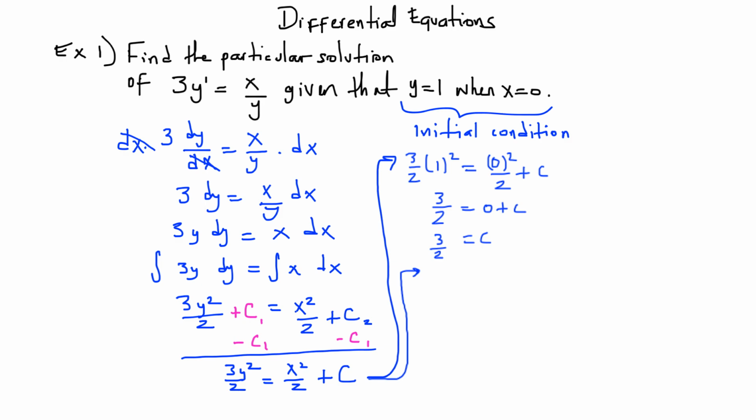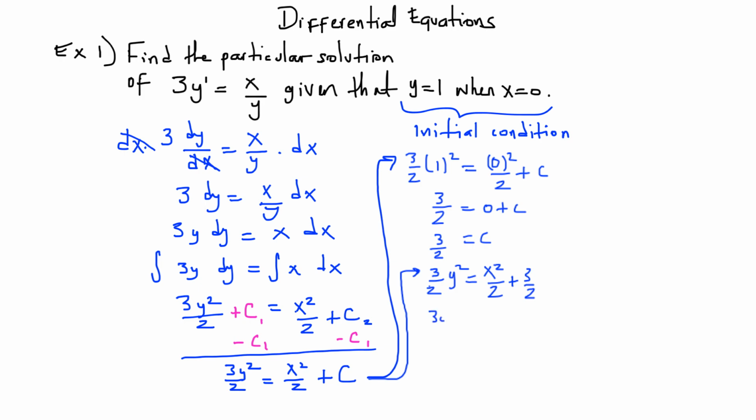So the equation we have now is 3 halves y squared equals x squared over 2. And instead of plus c, now we have plus 3 halves. And now we would like to solve for y. And one thing I notice is that, hey, I can multiply everything by 2 to cancel out the denominator.